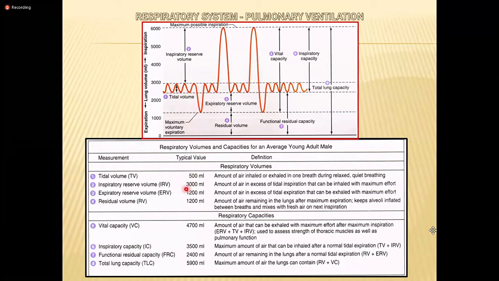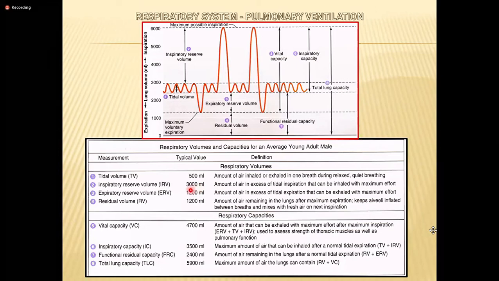Inspiratory reserve volume is 3000 ml. It is the amount of air in excess of tidal inspiration that can be inhaled with maximum effort, because you can still inhale some more after a normal breathing, right?